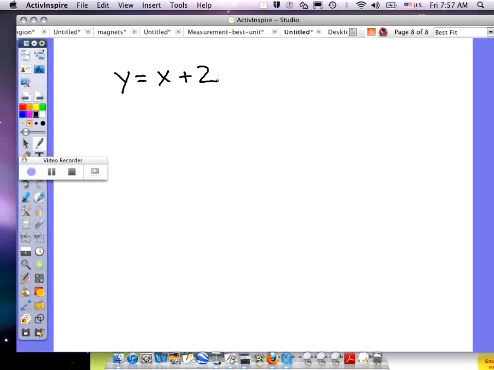So you're going to find some ordered pairs. When x is 0, y would be 2, because if x is 0, then y equals 2. When x, I'm just going to throw in 5. You can throw in whatever numbers you want for x. When x is 5, y would be 7.